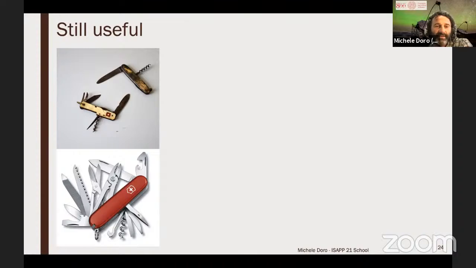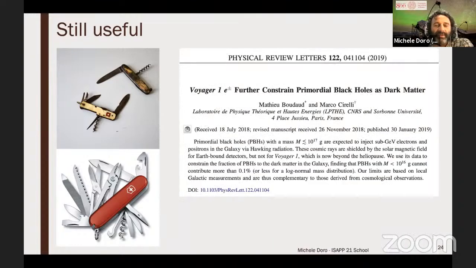I just want to cite, it's not totally related to gamma rays and the topic of this school, this beautiful paper from Marco and Mathieu, in which they were making constraints on primordial black holes as dark matter candidates. They remembered that Voyager 1, this instrument that was launched many decades ago and is now leaving the solar system, was in the region where cosmic ray electrons are absorbed by the sun.